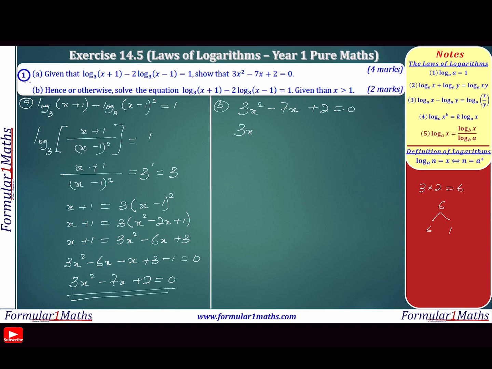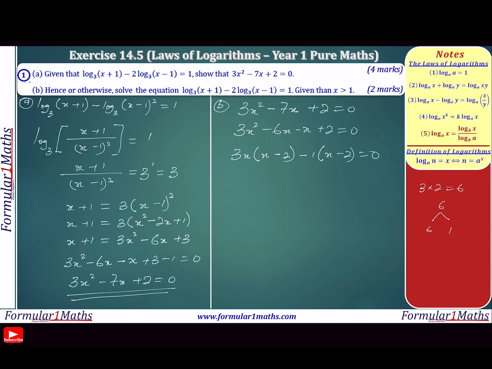3x squared minus 6x minus x plus 2 equals 0. 3x can come out, and I'll get x minus 2. Similarly, minus 1 will come out on that side, and I'm going to get x minus 2 equals 0.